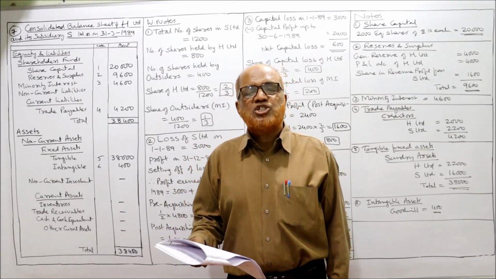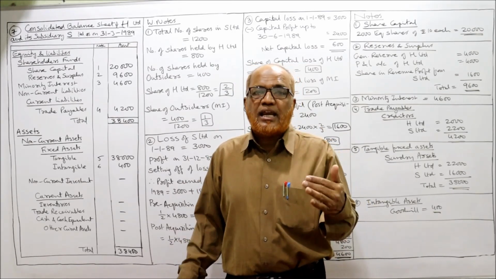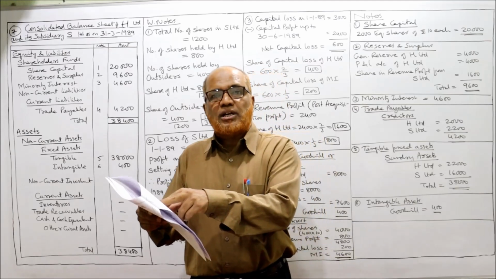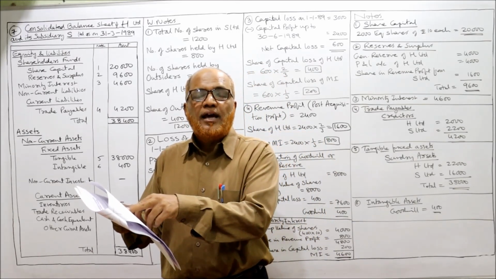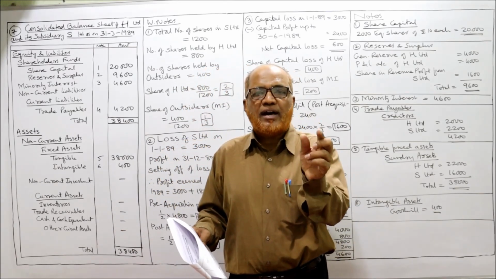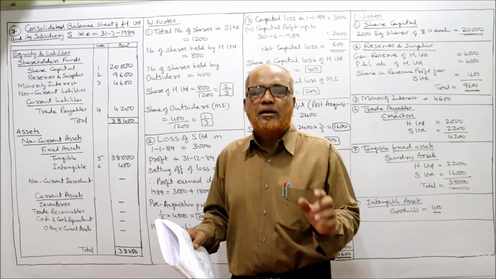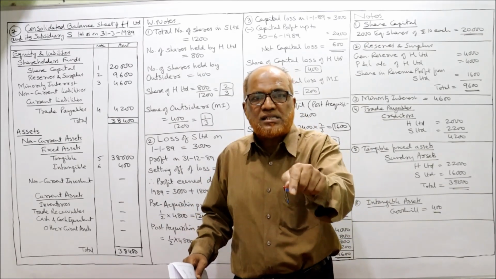So how many shares has H Limited purchased? 800 shares. How many shares are there in S Limited? See the balance sheet liability side. 12,000 is the share capital and each share's face value is 10. So 12,000 divided by 10 is 1200. So totally 1200 shares are there in S Limited.